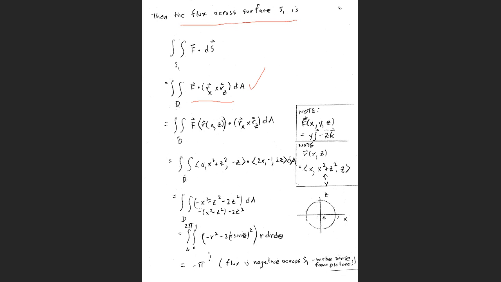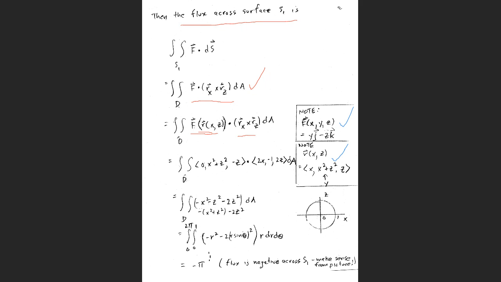The vector field F is a function of the parameter vector R that traces out the surface, and then you have the cross product of the derivative vectors. For ease of reference, the vector field F equals yi minus zk, and R of x and z is given there.